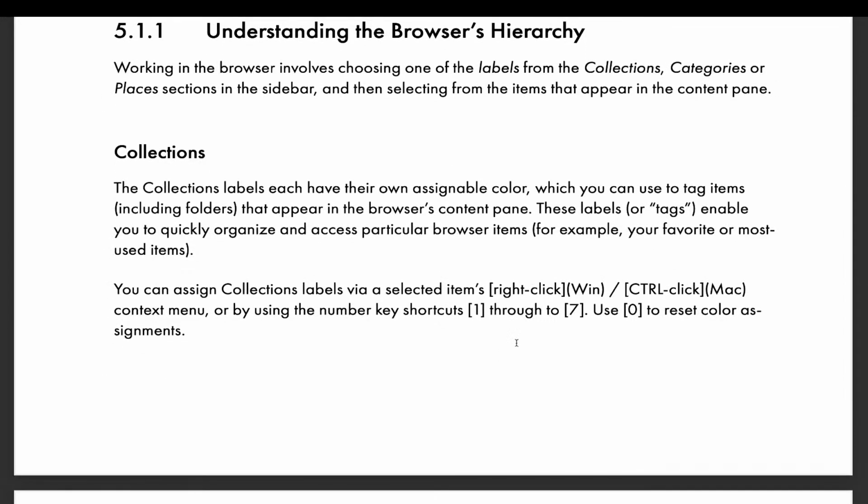5.1.1. Understanding the browser's hierarchy. Working in the browser involves choosing one of the labels from the collections, categories, or places section in the sidebar, and then selecting from the items that appear in the content pane. Collections. The collections labels each have their own assignable color, which you can use to tag items, including folders, that appear in the browser's content pane.